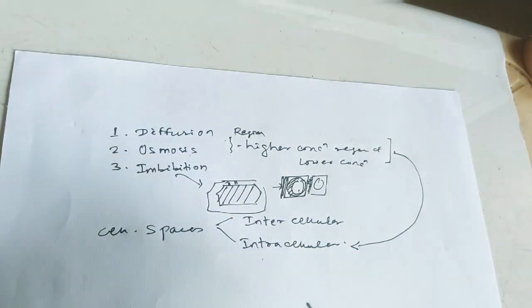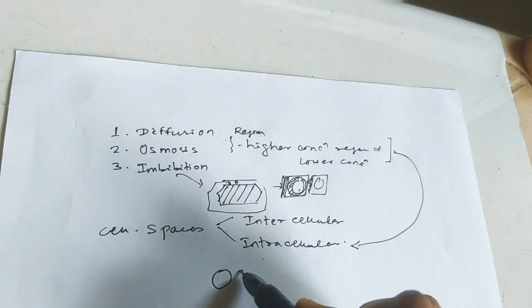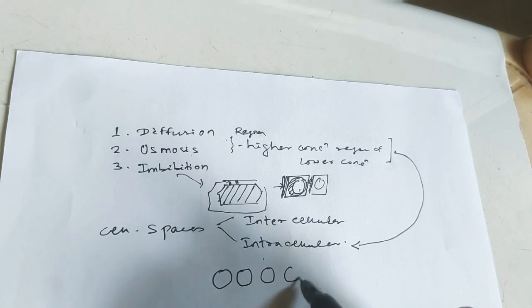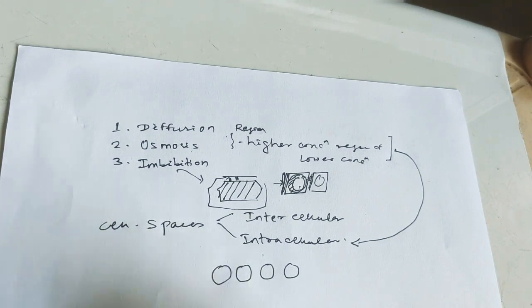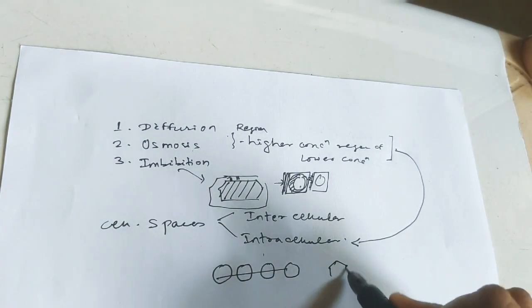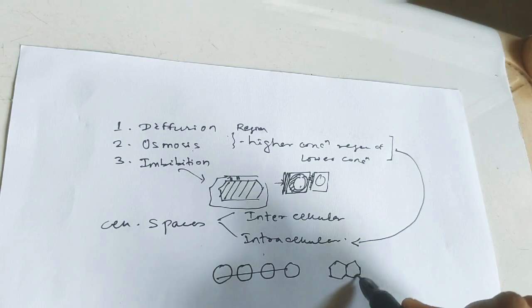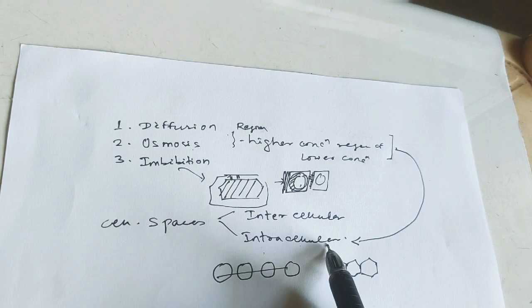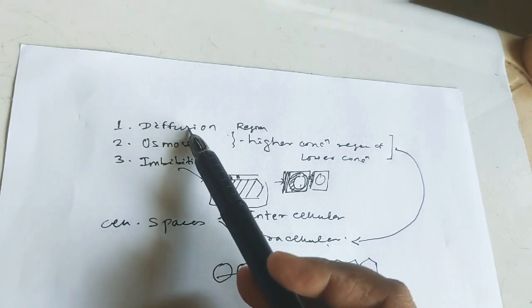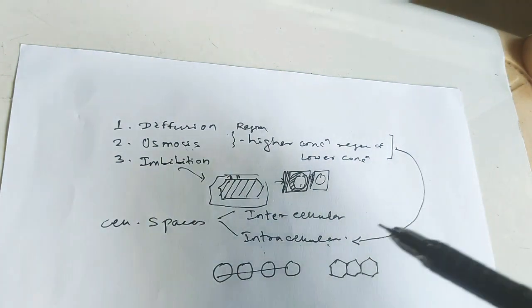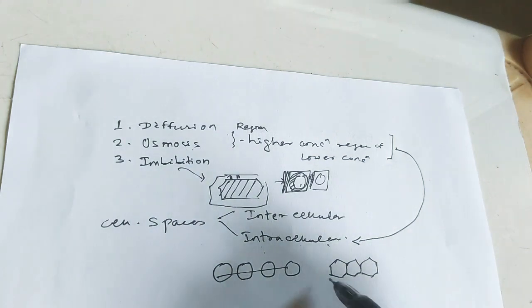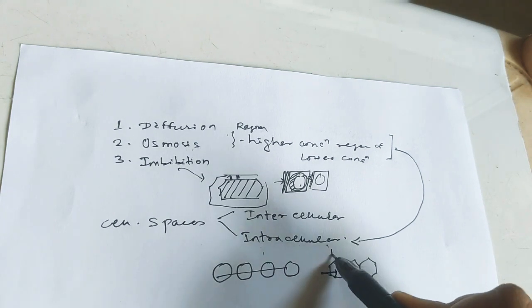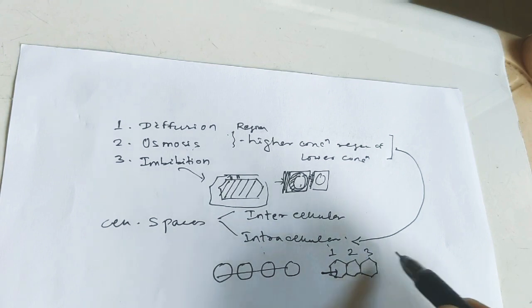Why? Suppose we take some cells here. In the case of intracellular spaces, whether osmosis or diffusion, when the solvent or water travels, it travels from higher concentration to lower concentration. Suppose water travels to the first cell, then second, third.